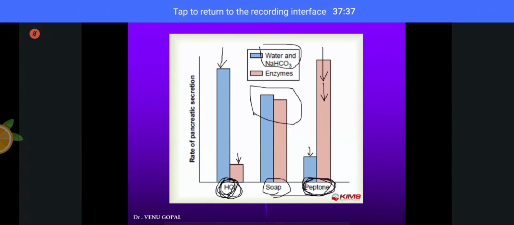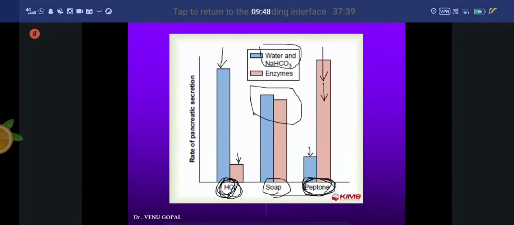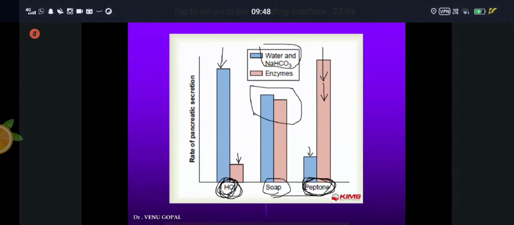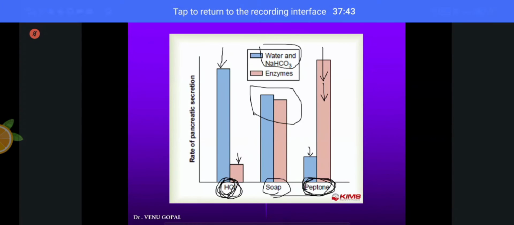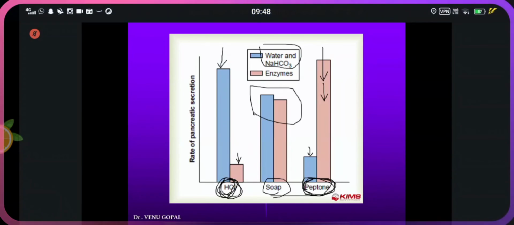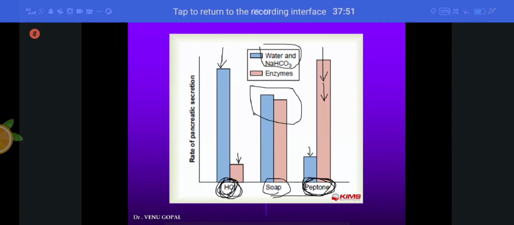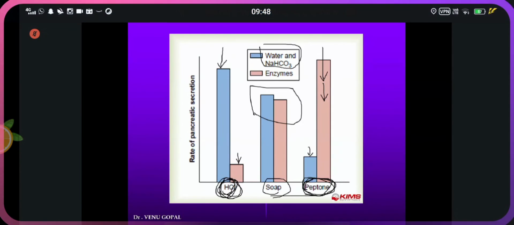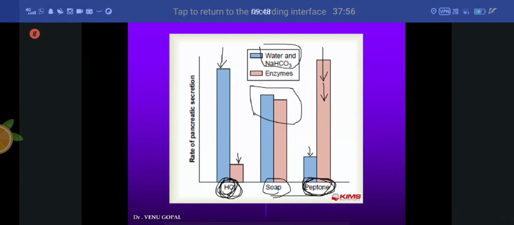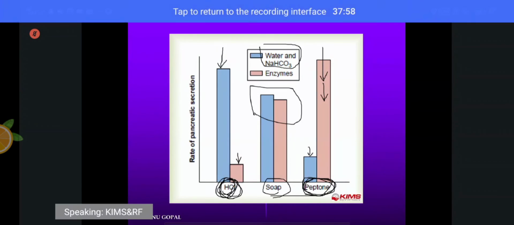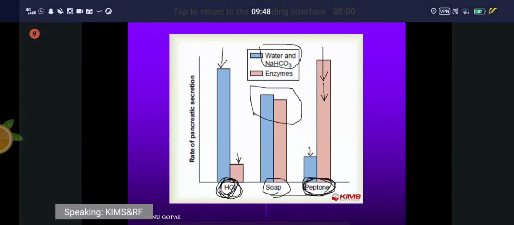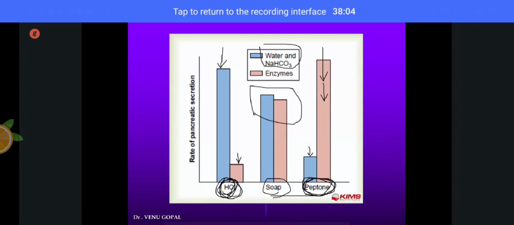Okay, with this we have completed the secretory component, starting with saliva, then gastric juice regulation, then pancreatic juice in today's class. Tomorrow pancreatic regulation, then the class followed is regulation of intestinal secretions along with the bile, and we have one class on applied aspects of bile and gallbladder. With that component we'll complete the secretory part.